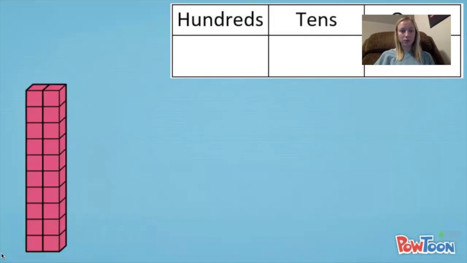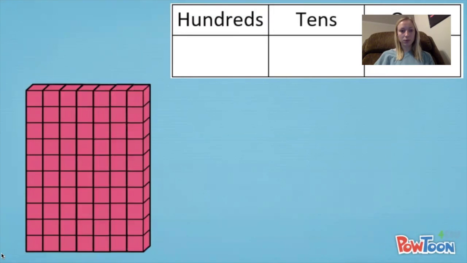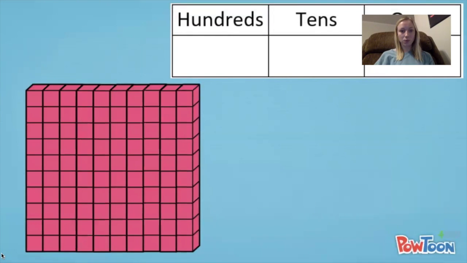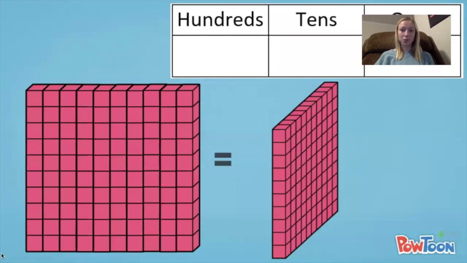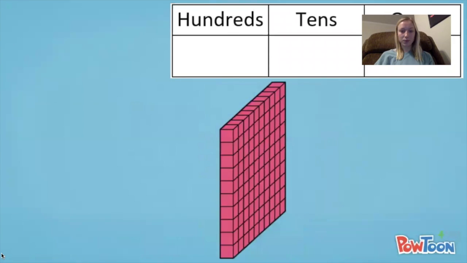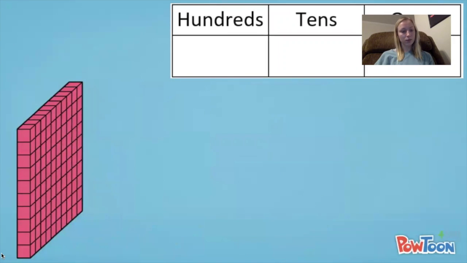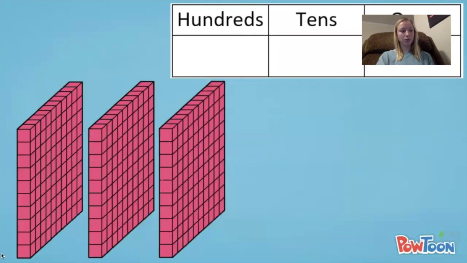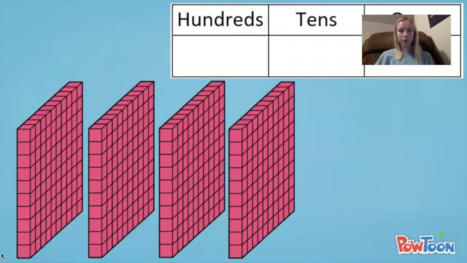I can place 10 tens together and it will make a 100 swap. 10 tens equals 100. How are 10 tens like 100? They have the same value. That's right. This shows that 10 tens have the same value as 100. Let's count the hundreds. 100, 200, 300, 400. How many hundreds are there? 4. How many tens are there? 0. How many ones are there? 0.